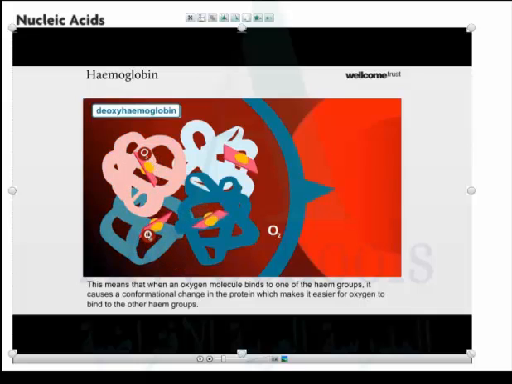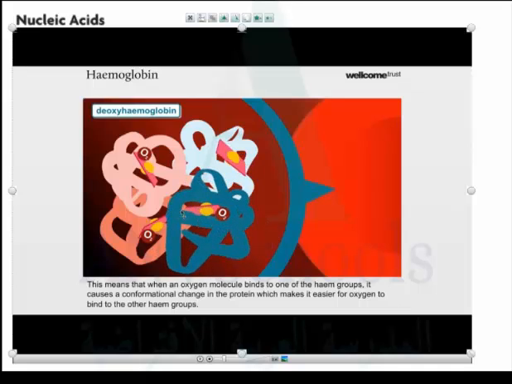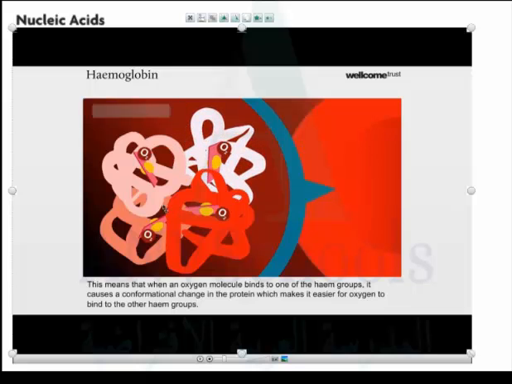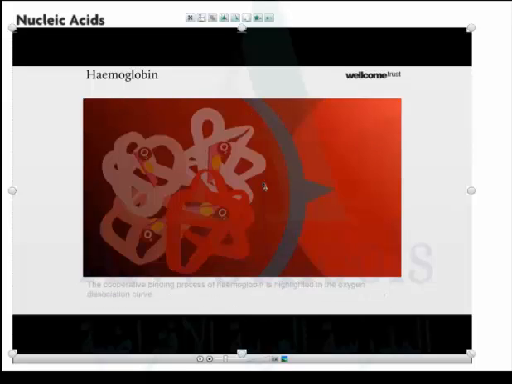When this one attaches, it opens a way for other oxygens to attach on the molecule and so forth. So this conformation in the protein makes it easy for oxygen to bind to heme groups, and this is very essential.